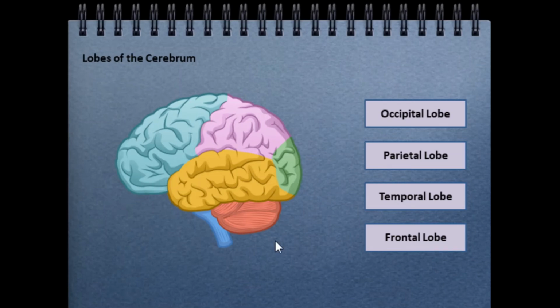What lobe is this yellow part? It is for... Very good. It's the temporal lobe. Temporal lobe.